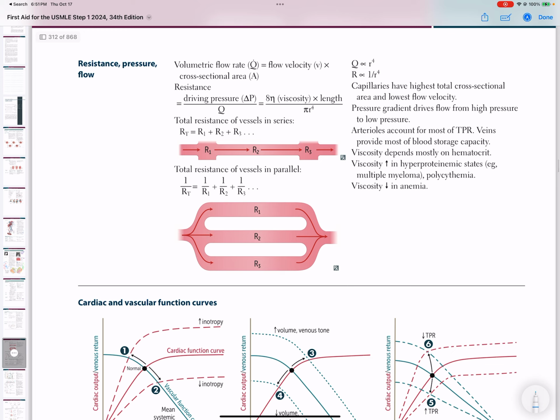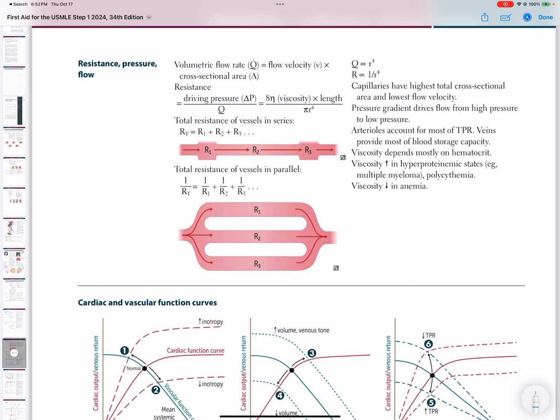Next is resistance, pressure, and flow. Flow rate is equal to the flow velocity times the cross-sectional area. Resistance is the driving pressure divided by the flow rate.